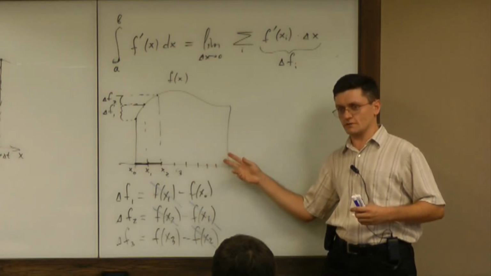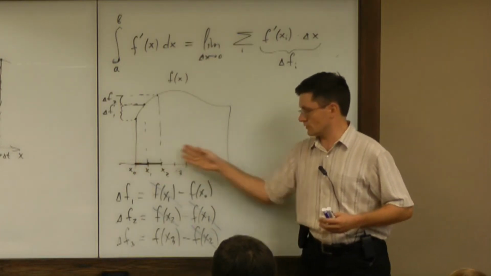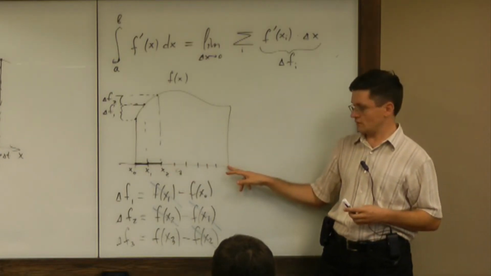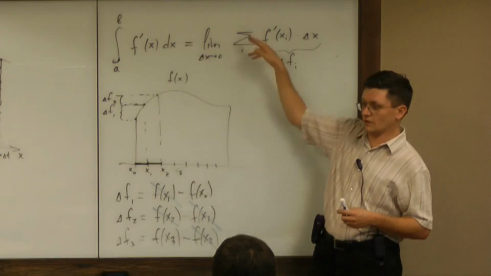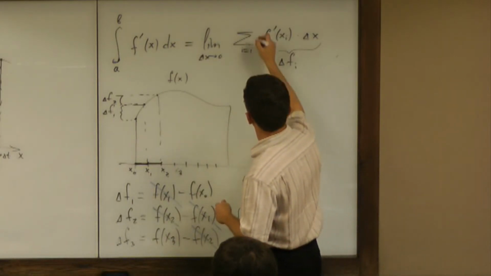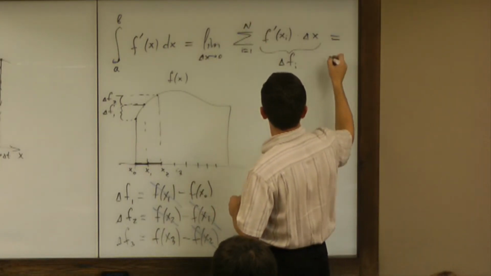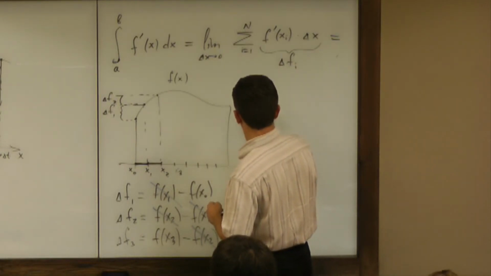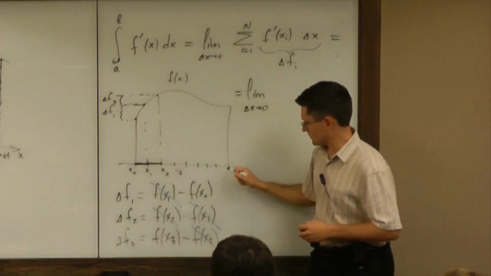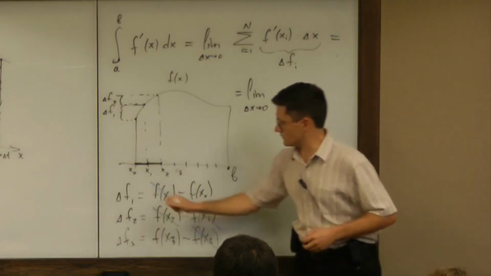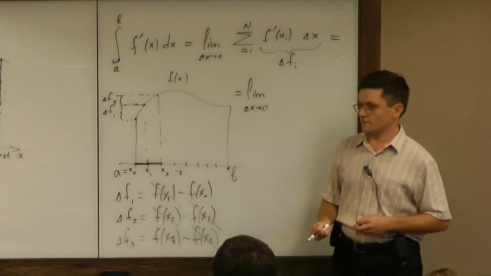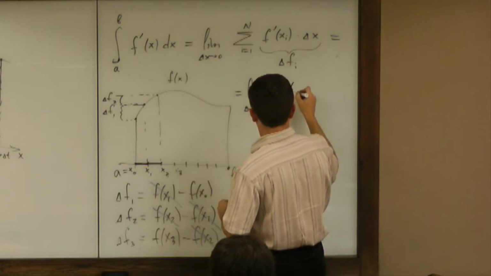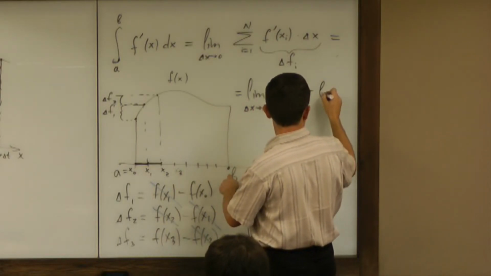And then they keep adding things, and they keep having the total change. And when I come to the very end, the whole sum over all i's from i equals 1 to n, but the last one. Do we know what that number is? It's b. That's right. And x0 is a. So what we will have is the limit of f of b minus f of a.